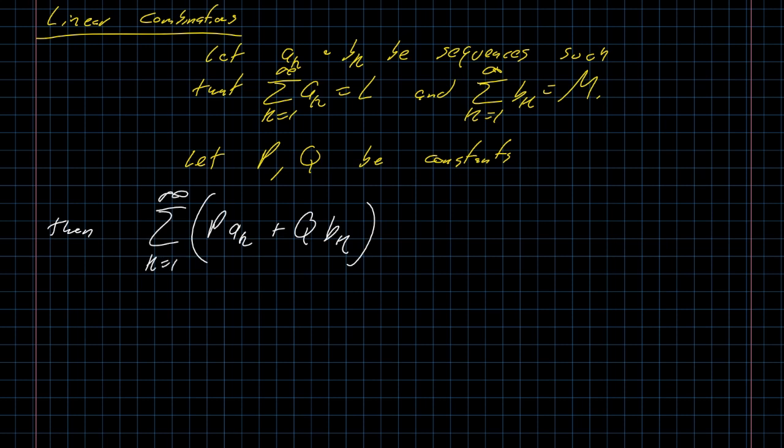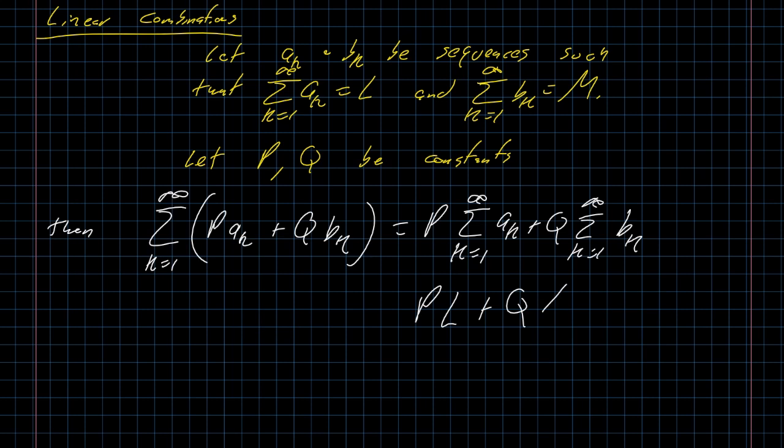And if I try to sum that linear combination sequence, it turns out that as long as my original sequences formed series that converge, I can split the summation up, let each of those individual components converge, and get a convergent result.